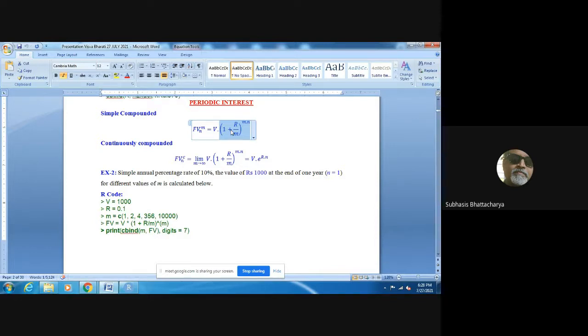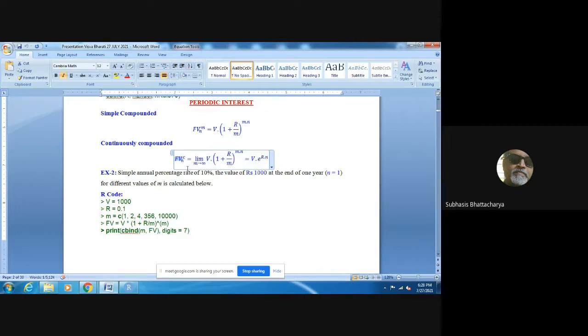Whether the interest rate is simple compounded or continuously compounded, instead of this one, we use this formula. If m changes continuously, we use the limiting sense, and this value goes towards the exponential series. So v into e to the power r into n. This is the calculation of future value.